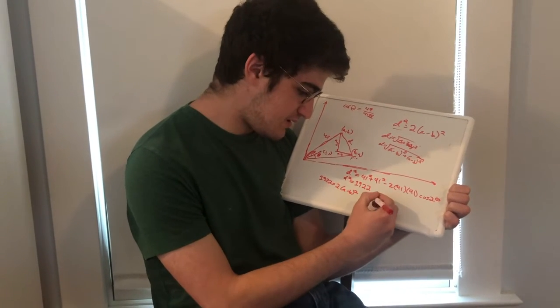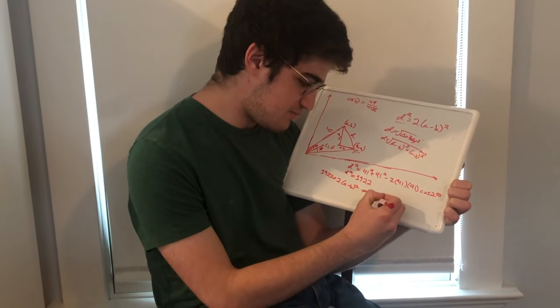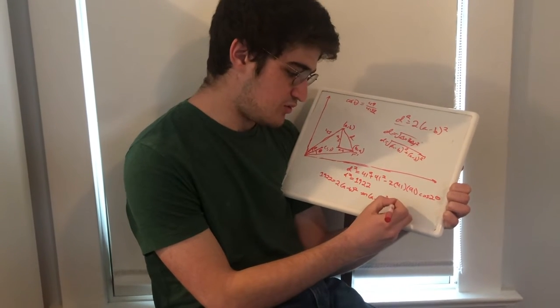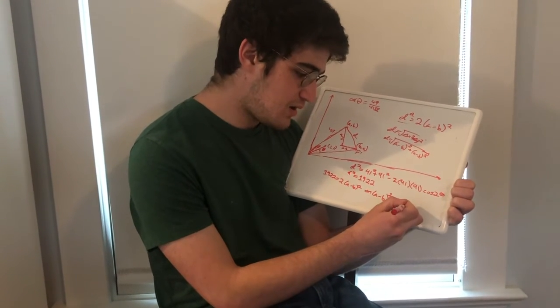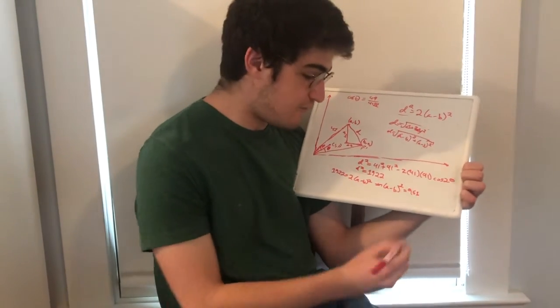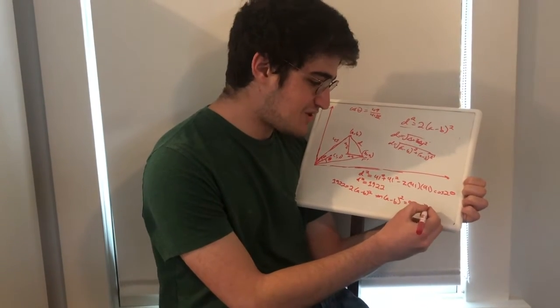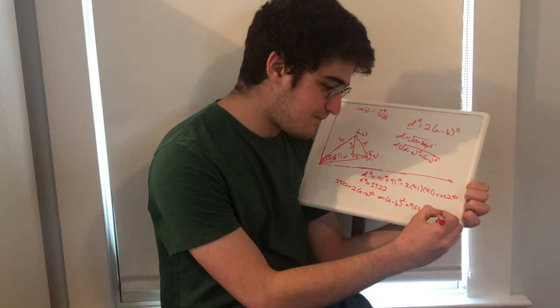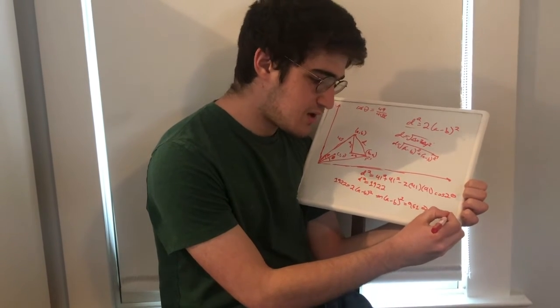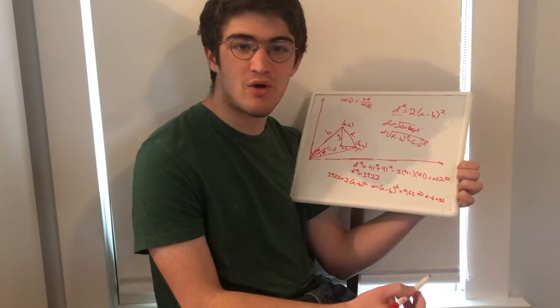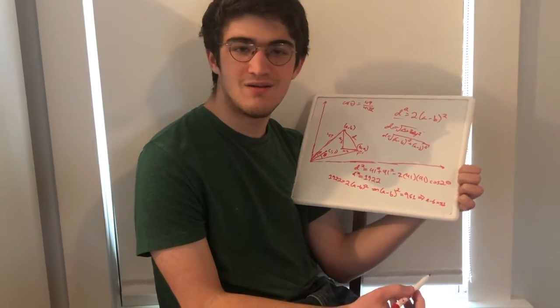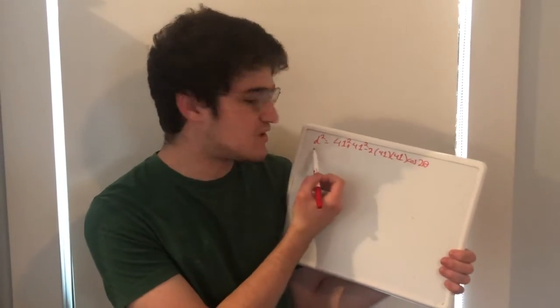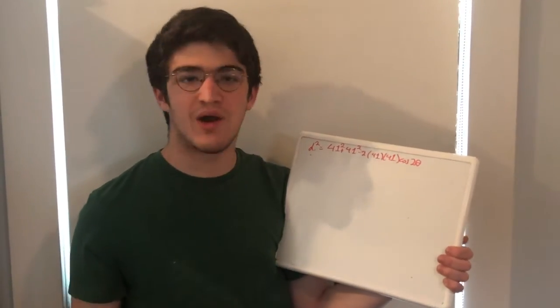This means that A minus B squared is equal to 961, and for those of fast arithmetic, you can see that this means that A minus B is equal to 31, and now we can finally solve our equation.